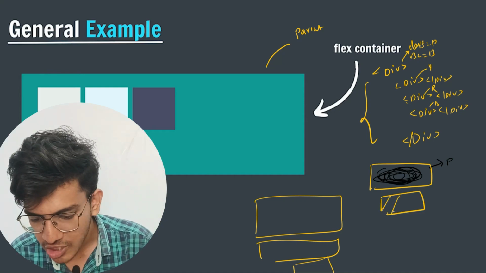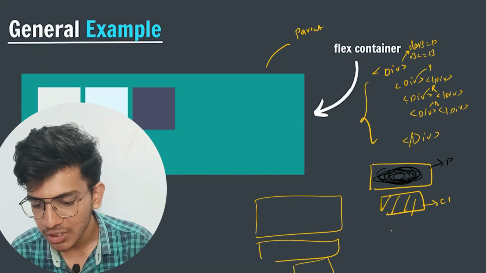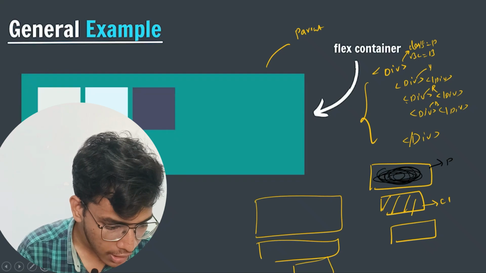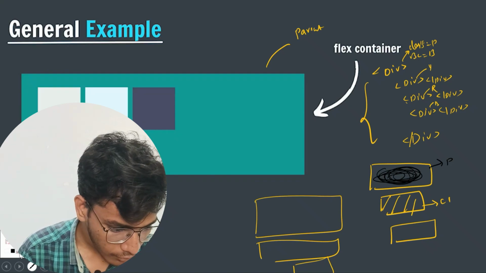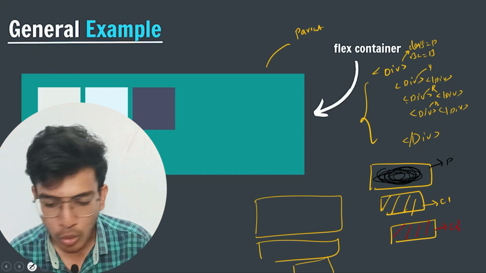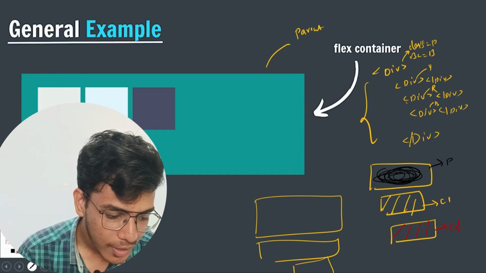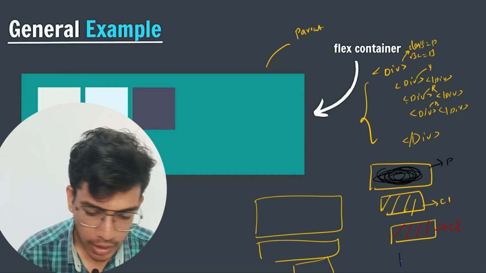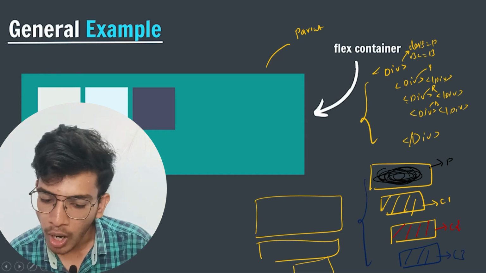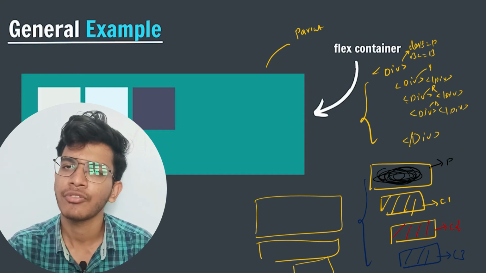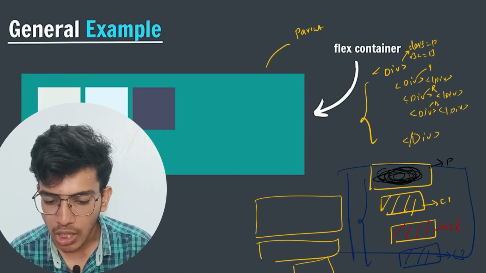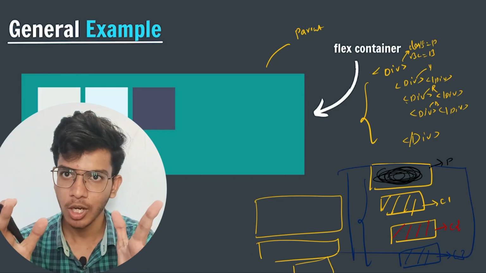So my first child will have a yellow background, this is my child 1, and the next child will have red color, this is child 2, and child 3 will have a blue color. This is what our structure will look like. If you are giving some sample width and sample height, then you will get this structure on your screen. I hope you are clear.